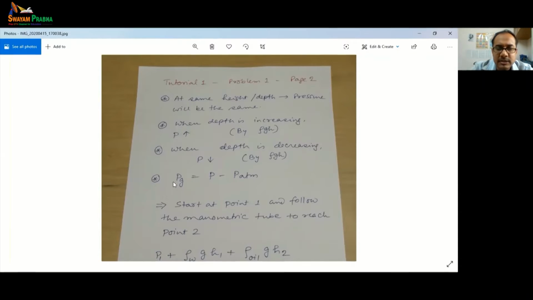The next concept that we will need here is the definition of gauge pressure. Gauge pressure is nothing but the absolute pressure minus the atmospheric pressure, P minus P atmosphere.